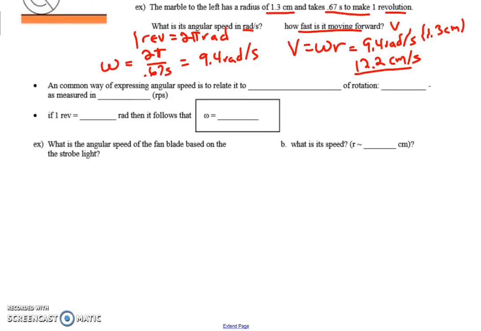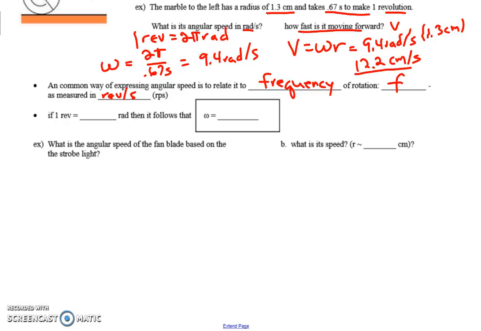A common way of expressing angular speed, and we saw it here, is to relate it to the frequency of rotation. Frequency is given the symbol lowercase f, and it's measured in revolutions per second. In the previous problem, our angular speed was in radians per second. That's the standard, but sometimes it makes more sense to relate things in revolutions per second.